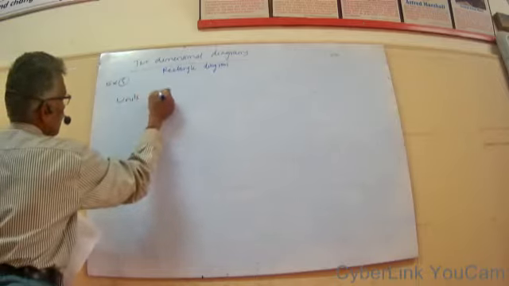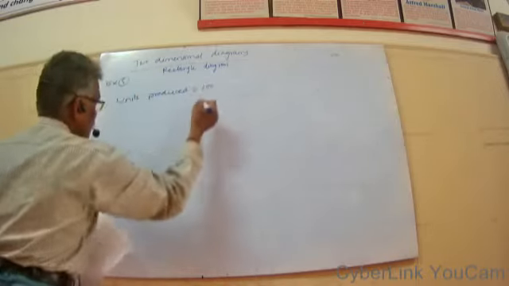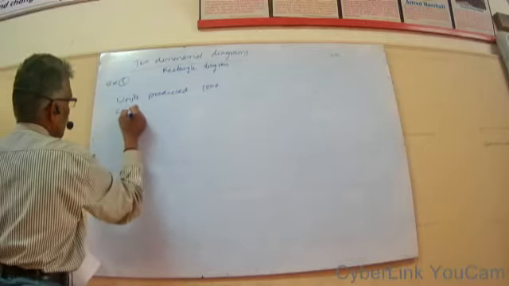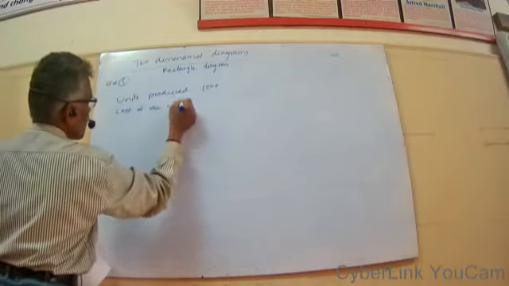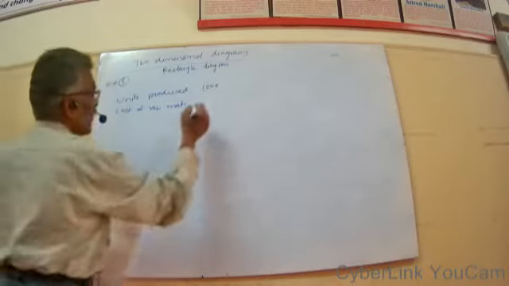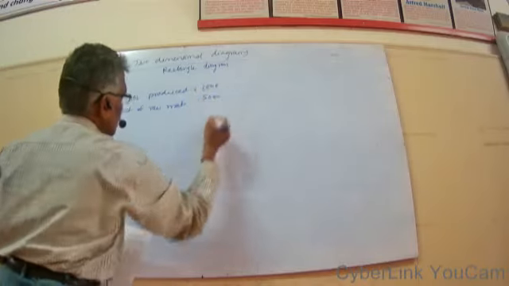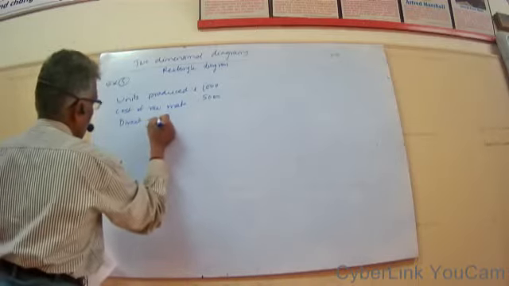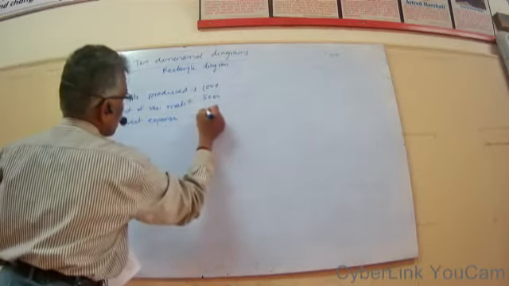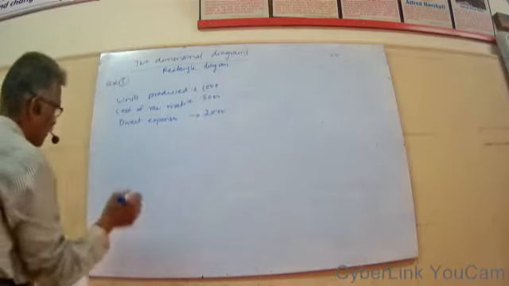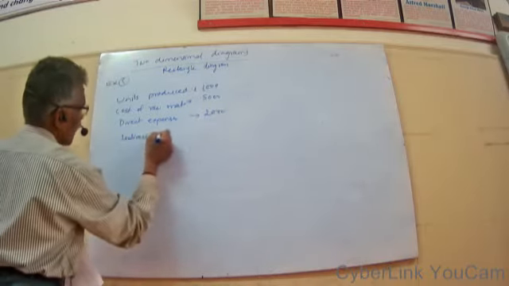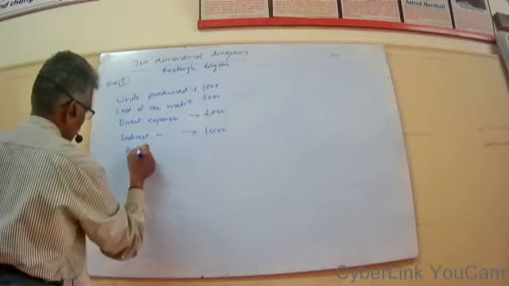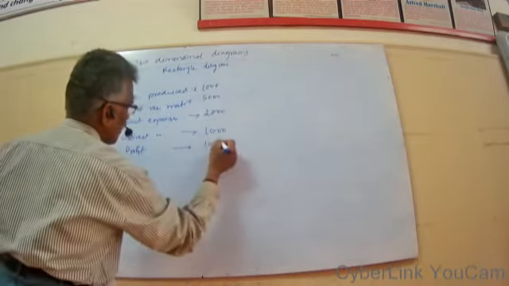Units produced equal to 1000, and cost of raw material equal to rupees 5000, direct expenses 2000, indirect expenses 1000, and profit is 1000. These are the values given.